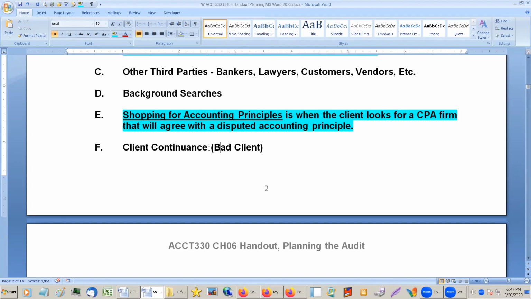So client continuance is a very important thing as far as whether you want to keep going with a client. Now, you have to make that decision fairly early usually. You can't leave them in the lurch and come December say, oh guess what, we're not going to do your audit. Usually you're trying to tell them ahead of time that they have to find somebody else.